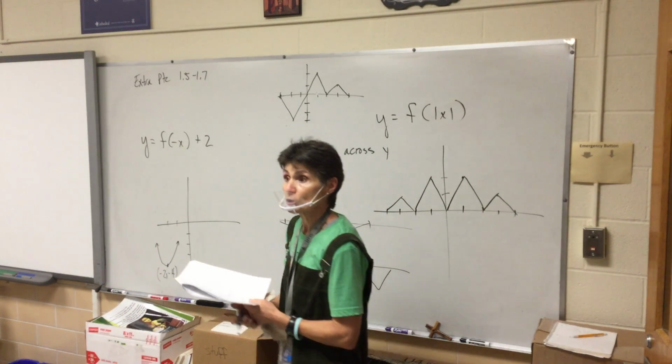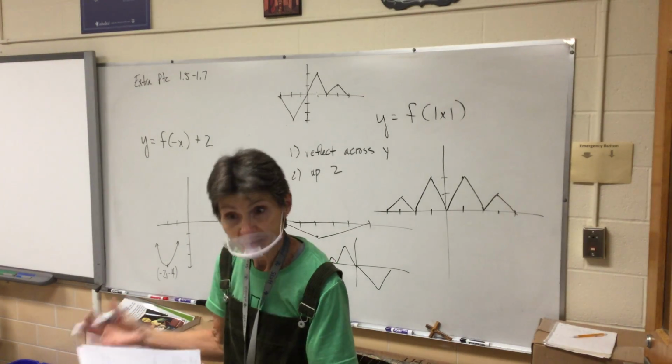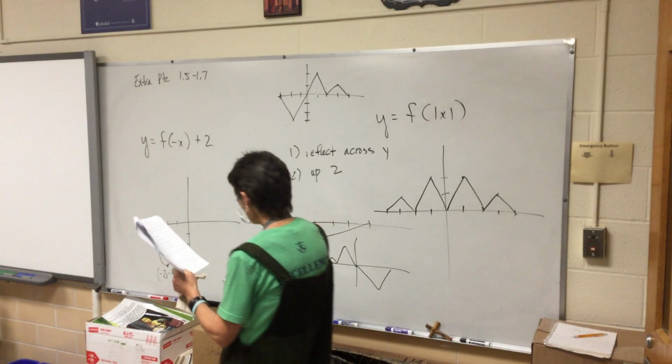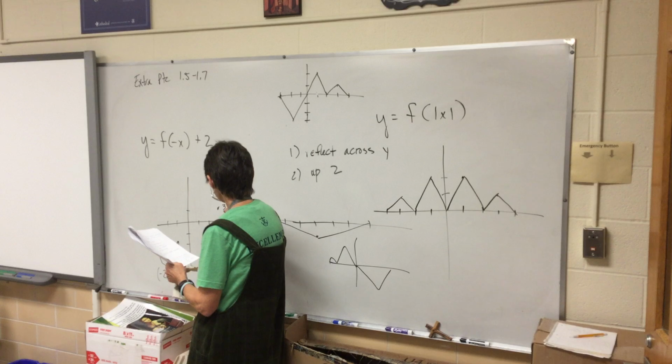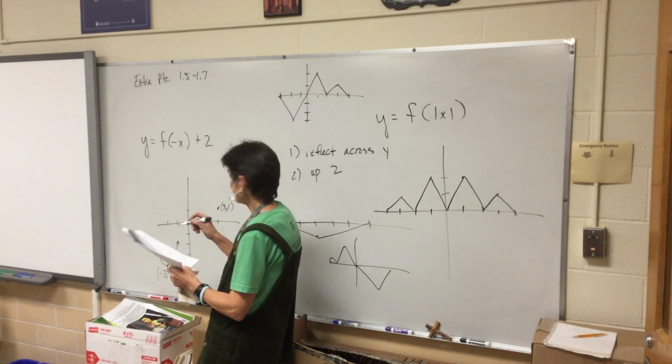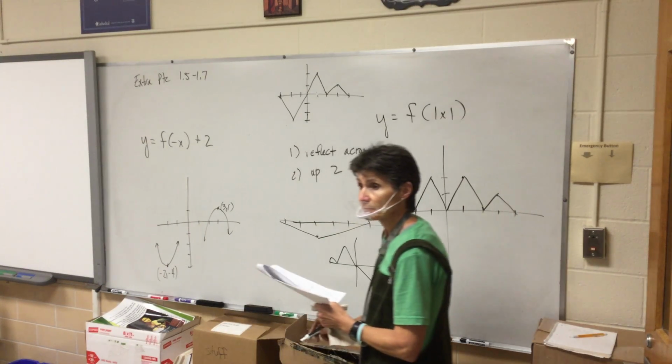Now, is G also a parabola? Yep. But some things have happened to it. Now, its vertex is at 3, 1. And it's opening down. Would you agree with that?